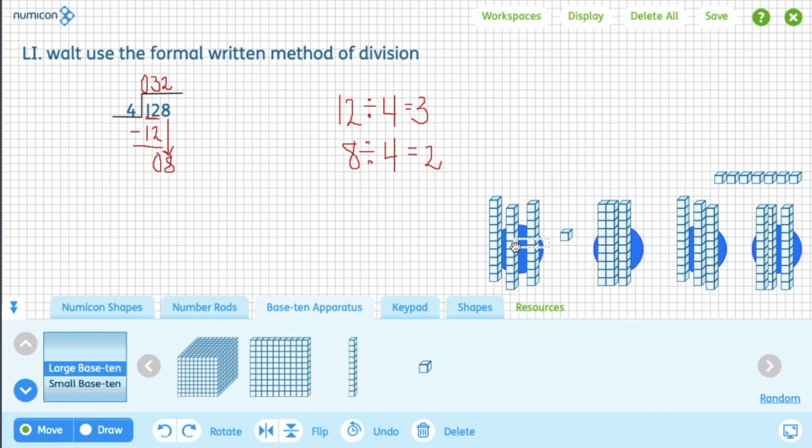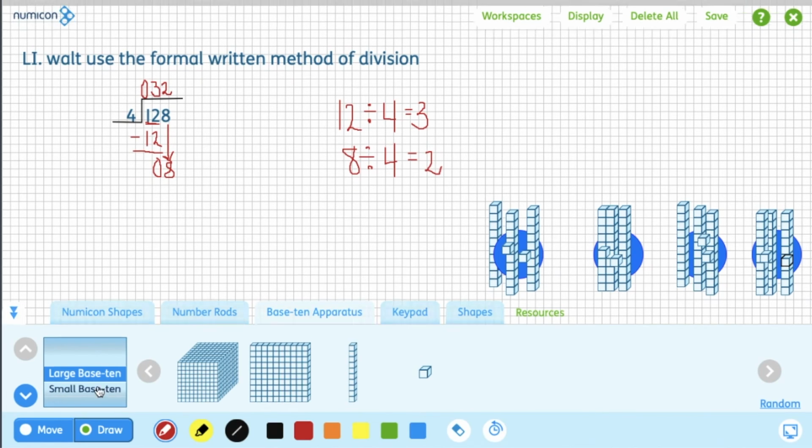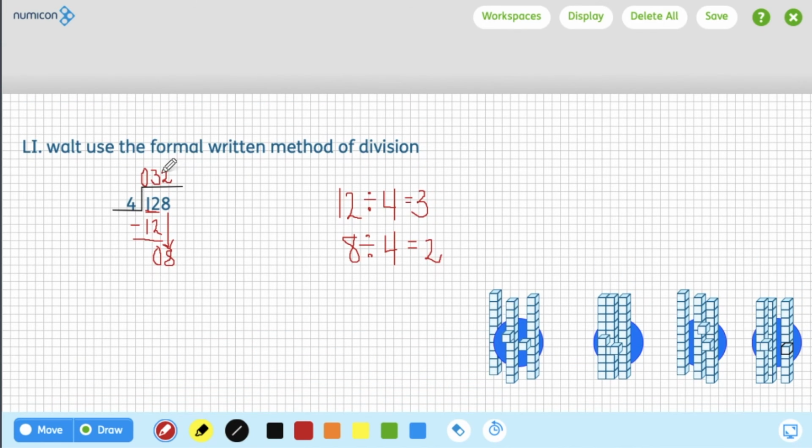So I put 2 over here, 2 over here, 2 over here, and I've put 2 over here. And I've got none left over. So 4 times 2 per group is 8, and I've got 0 left over. So I don't have any remainders. Everything's split up equally into 4.